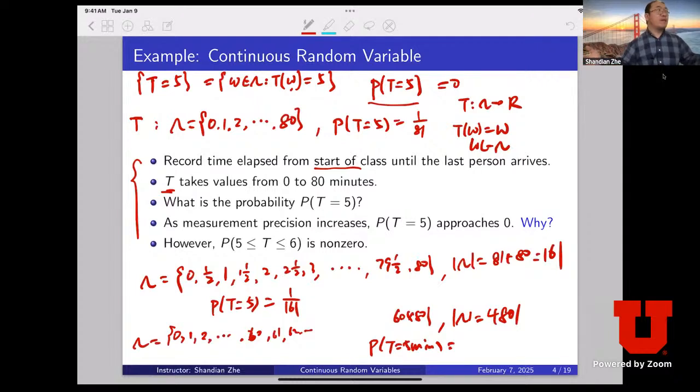Remember, 5 minutes is just the 300th second. It's still within this big sample space and has an equal chance with other seconds. So the probability is 1 over 4801. Does it make sense?